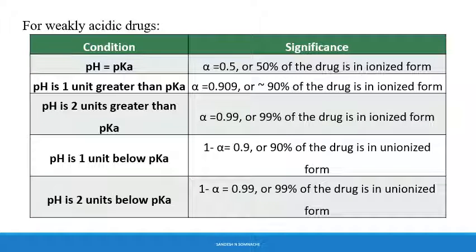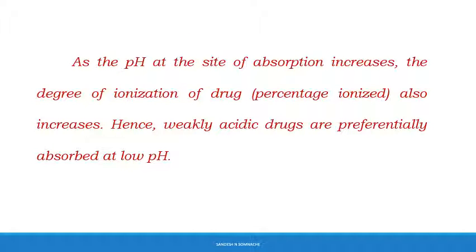Now when pH is 1 unit below the pK value, 1 minus alpha is equal to 0.9, or 90% of the drug remains unionized, and when pH is 2 units below the pK value, 1 minus alpha is equal to 0.99, and it will get absorbed across the gastrointestinal membrane. So we can state that as the pH at the site of absorption increases, the degree of ionization of the drug also increases. Hence, weakly acidic drugs are preferentially absorbed at low pH.